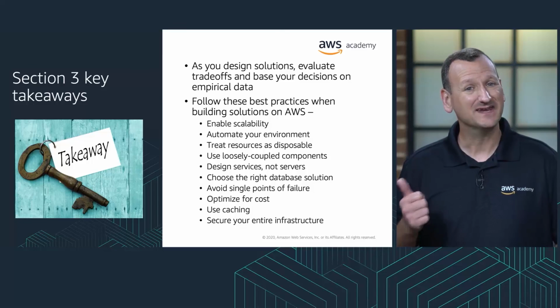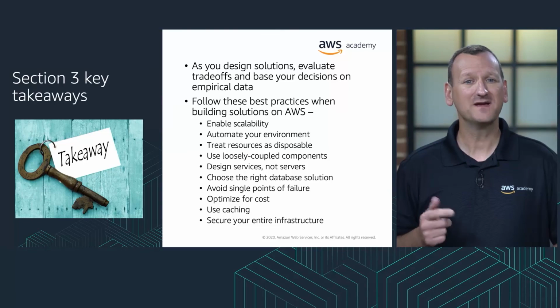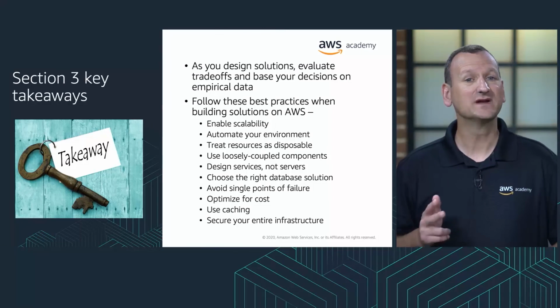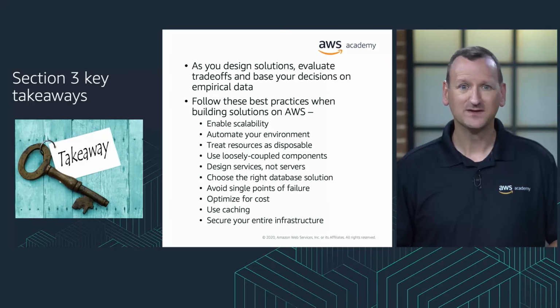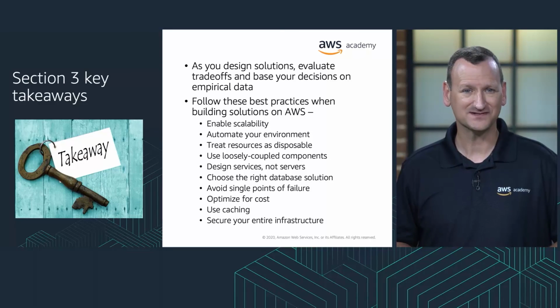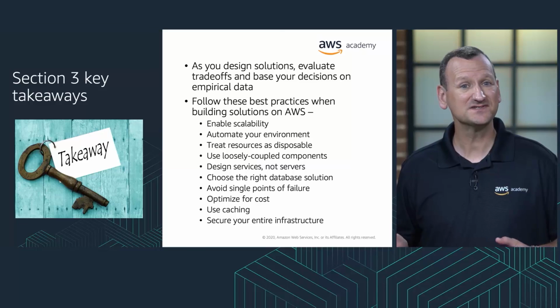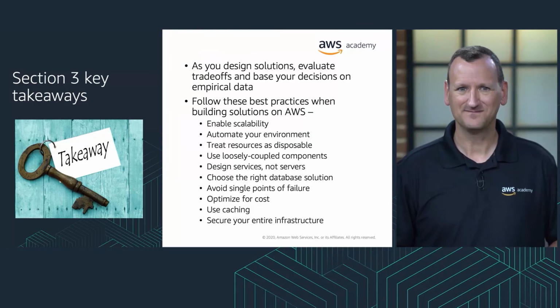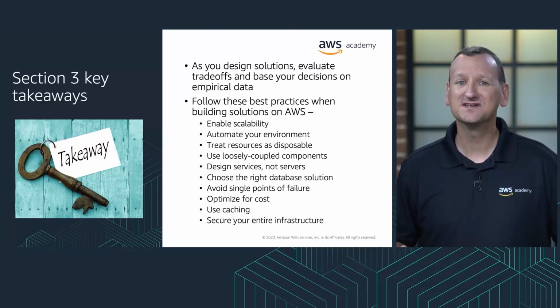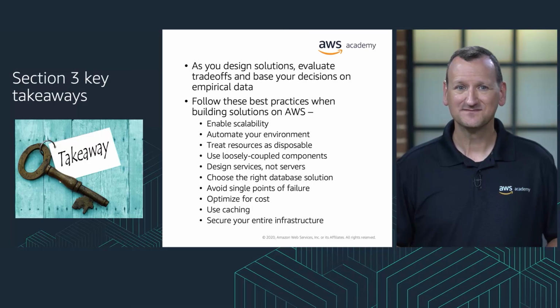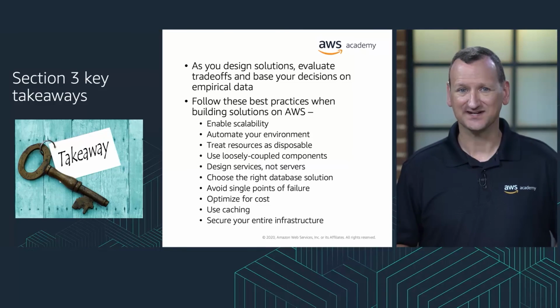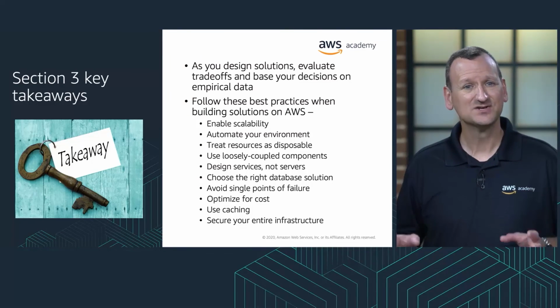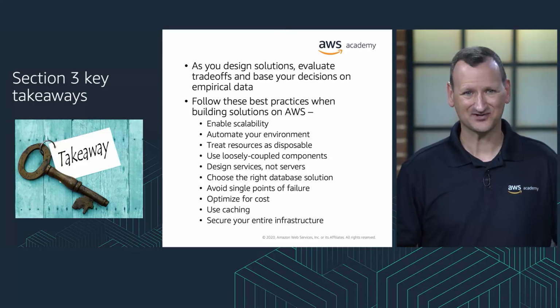You should enable scalability, automate your environment, treat resources as disposable, use loosely coupled components, design services, not servers, choose the right database solution, avoid single points of failure, optimize for cost, use caching, and finally, secure your entire infrastructure.